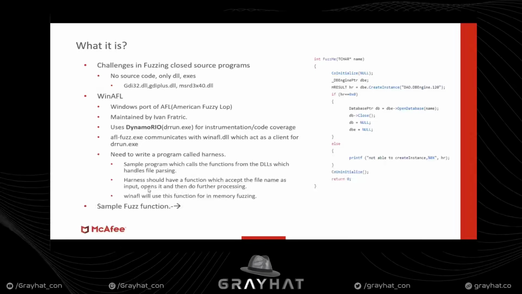In case of Linux, it was very easy to fuzz a program because the source code was available. So when you compile that program using AFL compiler wrappers like afl-gcc or afl-clang, they can easily add instrumentation code at compile time.